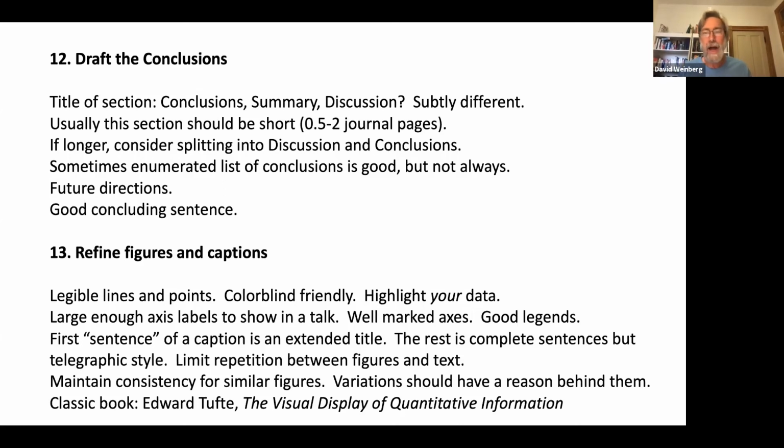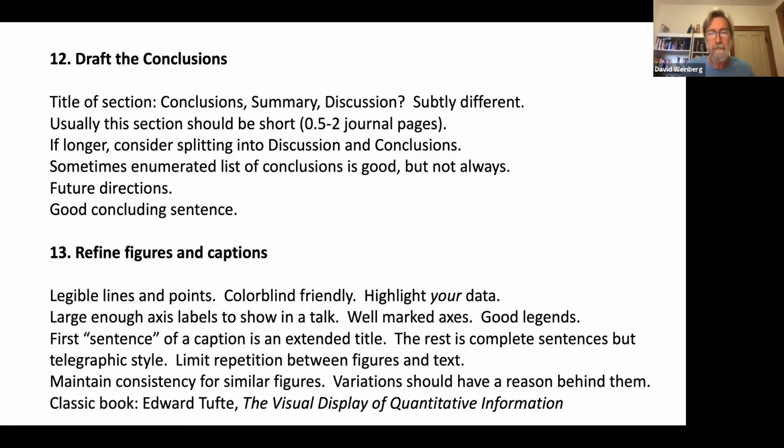And try to limit the amount of repetition between figures and the text. I've gone back and forth on this over my career. I used to have a lot more repetition between figure captions and the text, but I've tried to move towards it being either said in the caption or said in the text, but for the most part not said in both places.